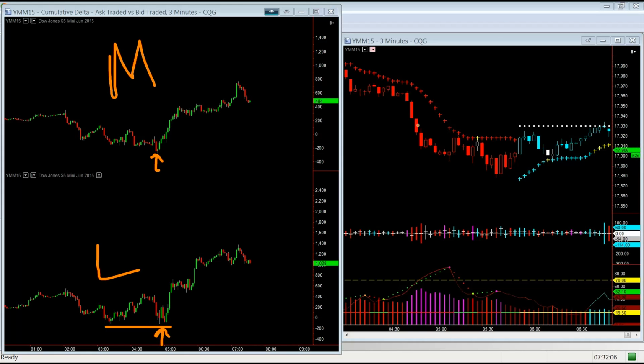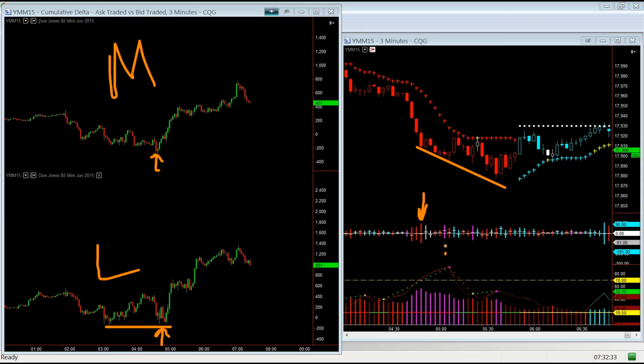Even though the market's going down, making new lows, okay? Do you see how the cumulative delta is showing you they're starting to buy? Now, this is the tallest bar, okay?